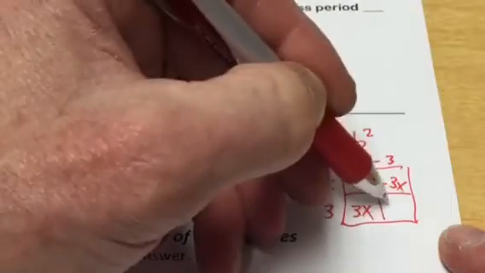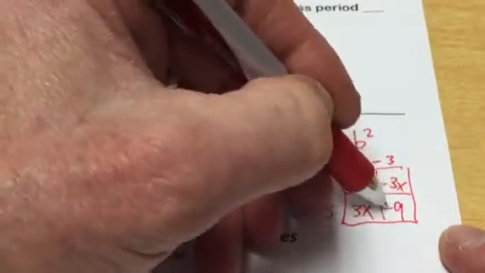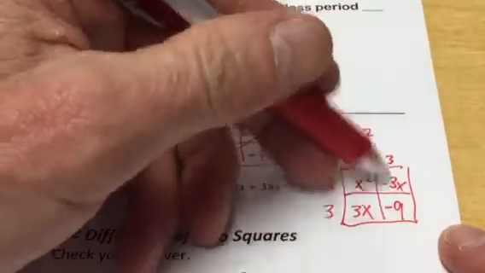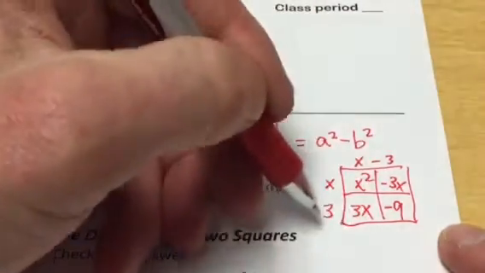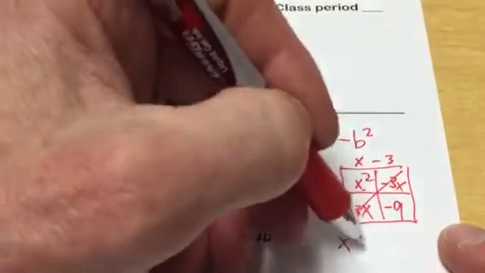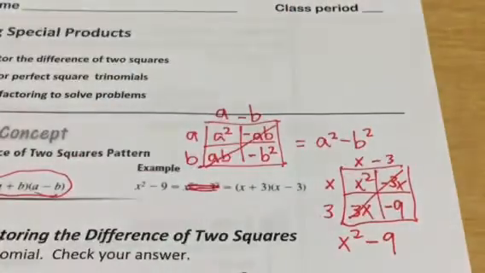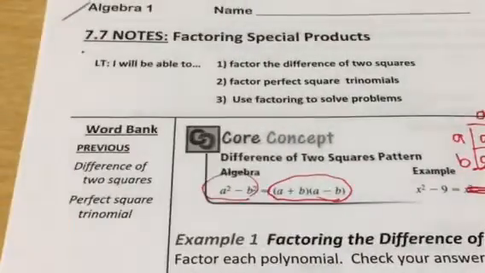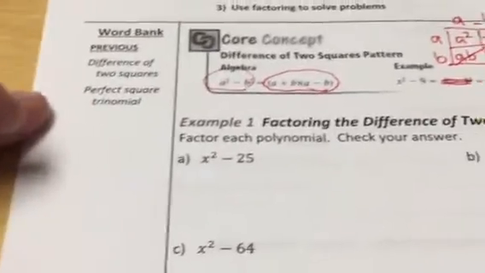So in this box would be x squared, in this box would be negative 3x, in this box would be positive 3x, and then in the last box we would get negative 9 from positive 3 times negative 3. Those are opposites in the corners, so we end up with x squared minus 9. All right, so let's apply this pattern to some of these other problems.